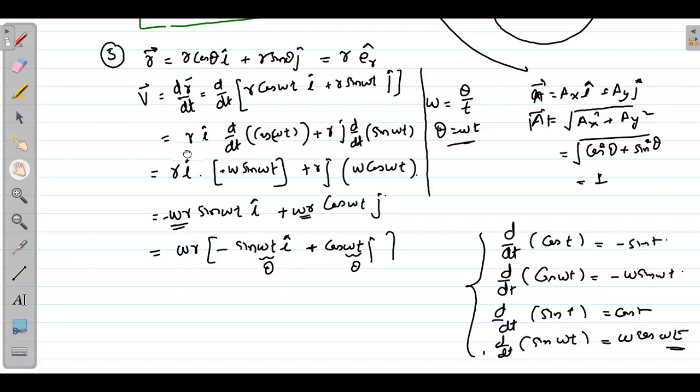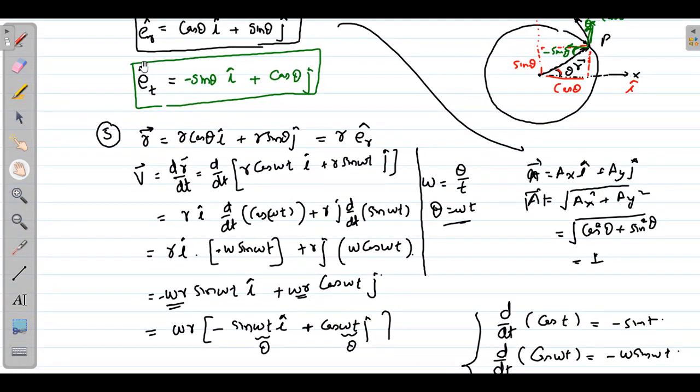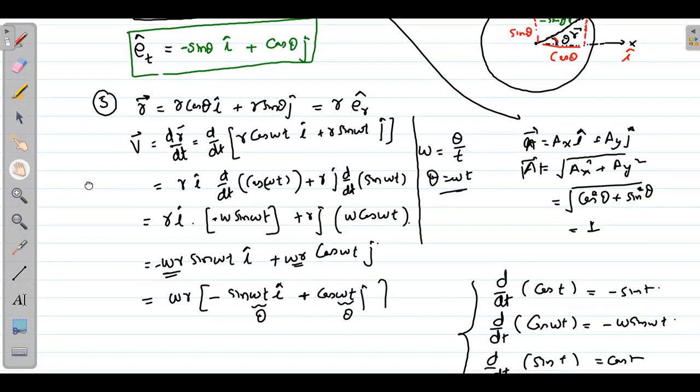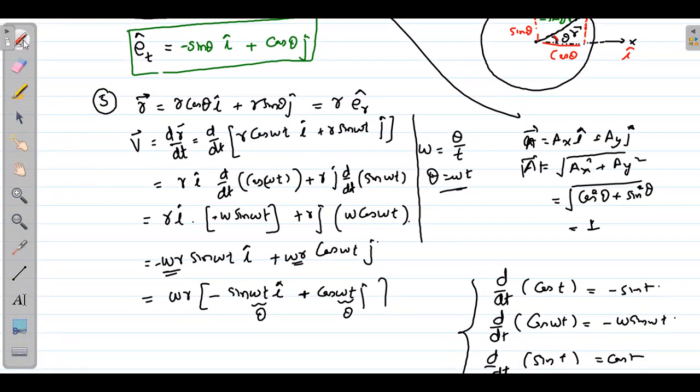If you check it, this is e theta. e theta is minus sine theta i plus cos theta j. That means this is e theta. So we write it as omega r into e theta in vector.